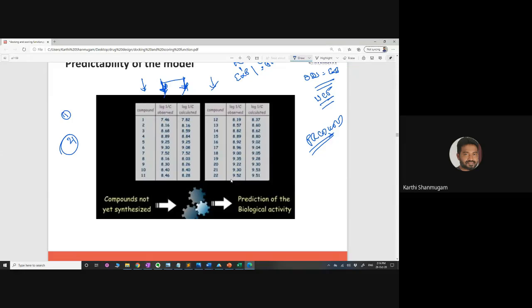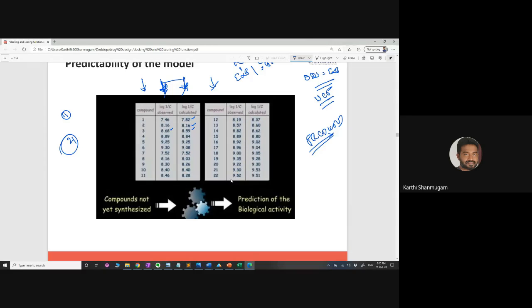For the first molecule, the experimental value is 7.46 and the predicted value with the help of the model is 7.82. We can say both values are very close. For the second compound, the observed value is 8.16 and the predicted value is exactly 8.16. Third compound, the observed value is 8.68 and the predicted value is 8.59, very close.